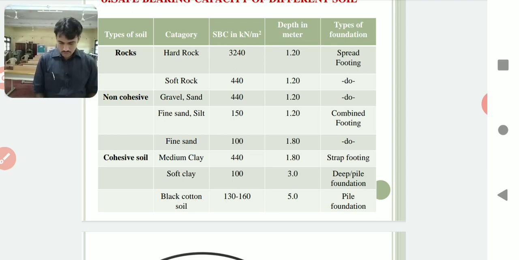So this was about this session. Today what I have explained is how to determine safe bearing capacity of soil by using a standard method as per your syllabus, that is plate load test method. And then I have explained about variation of safe bearing capacity of soil for different loading conditions, that is by using graph for different types of soil, different safe bearing capacity.